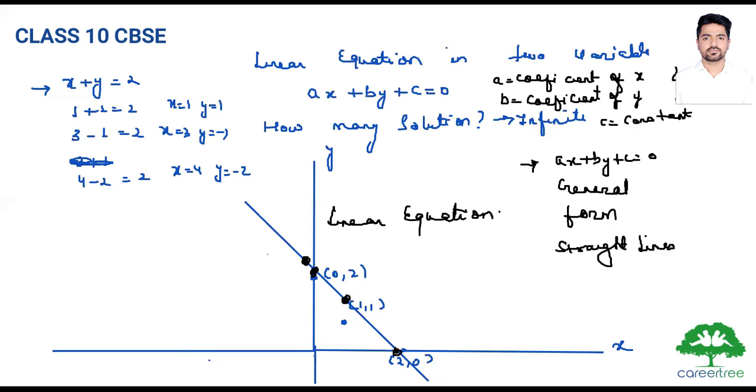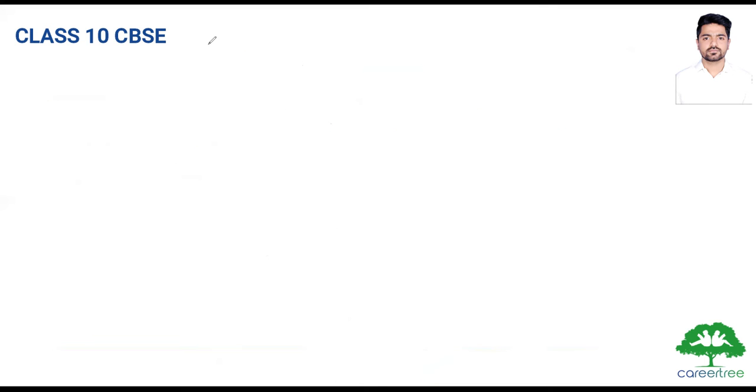But what we are studying this year is a pair of linear equations, correct? When we say pair, it means there will be two linear equations.